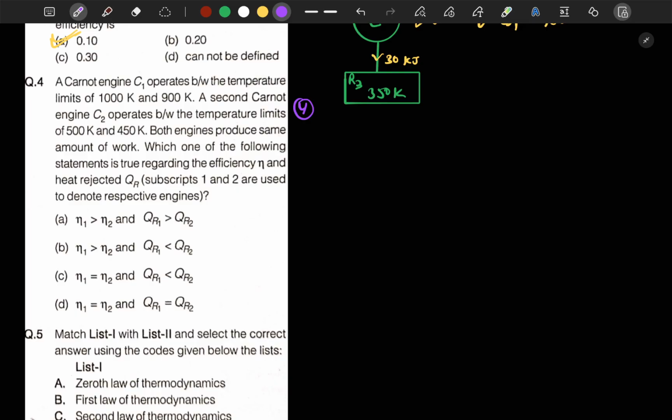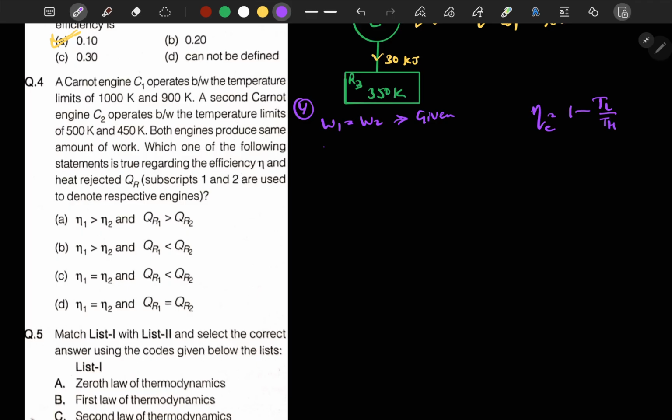Since work done by both cycles, W1 is equal to W2, this is given. Now we can calculate the efficiencies first. From Carnot efficiency, we know that efficiency can be written as 1 minus TL by TH.